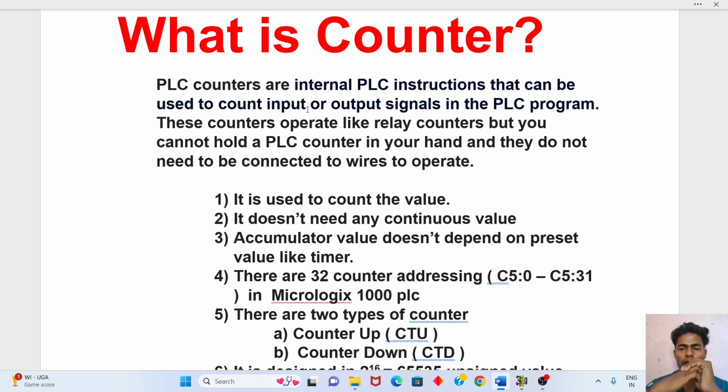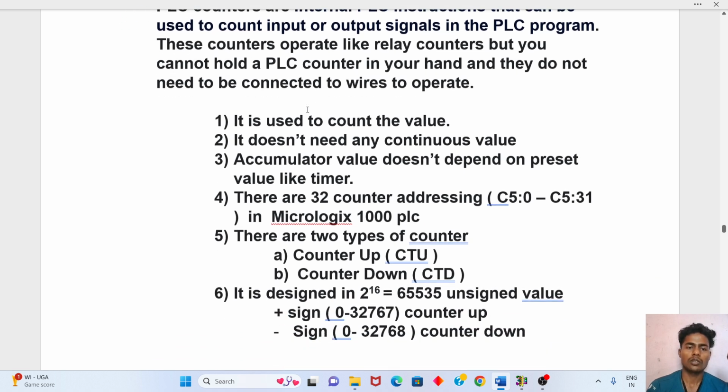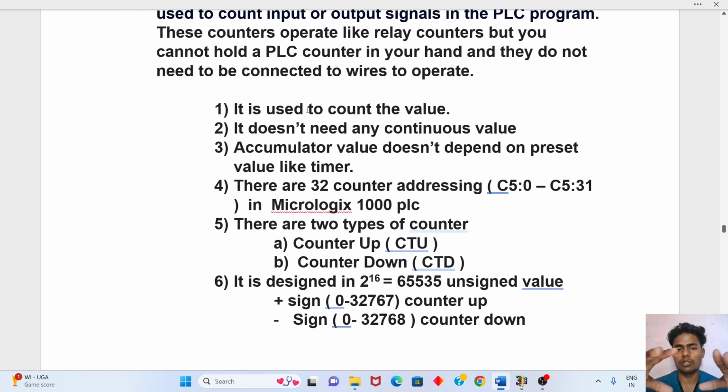And also there are 6 points about counter. First, the counter instruction is actually used to count the value.